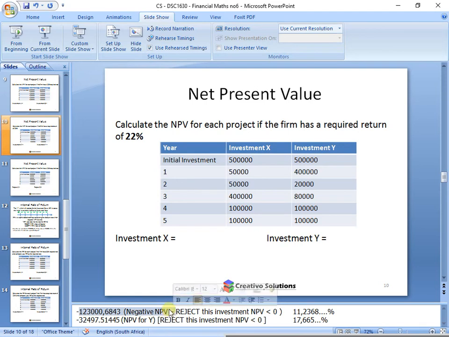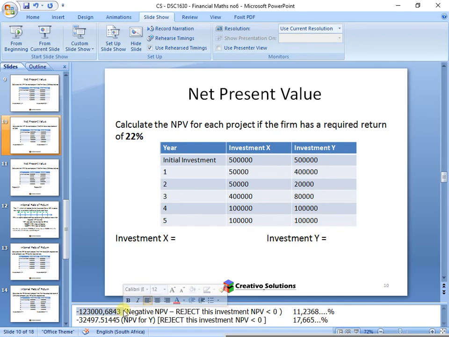If NPV is negative, does that mean you won't have an IRR? No, it just means you have an IRR that's too small. That's something important to note, because those were the IRRs. The minus 123,000 is the value of your actual loss, taking into account the rates.